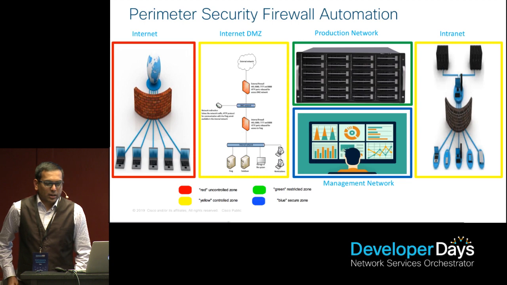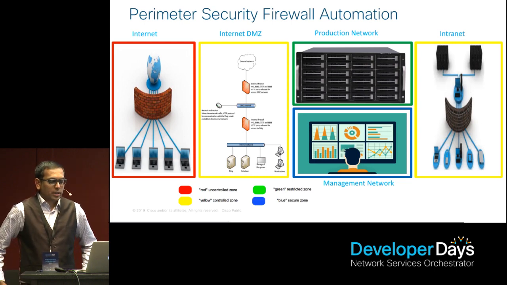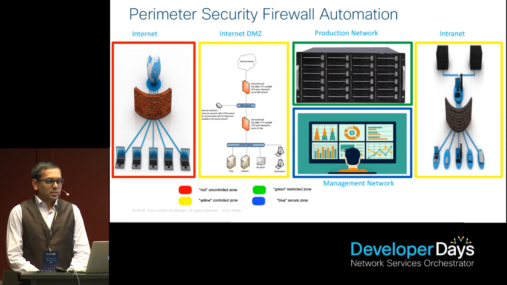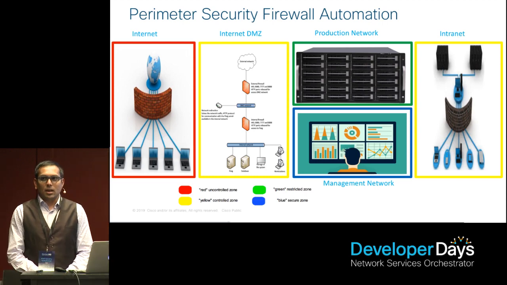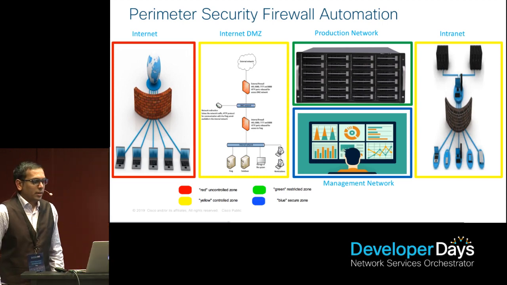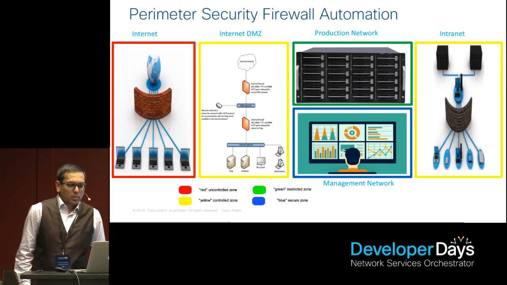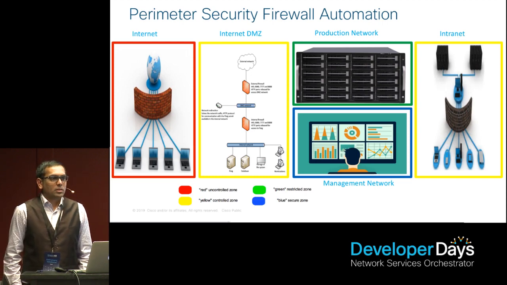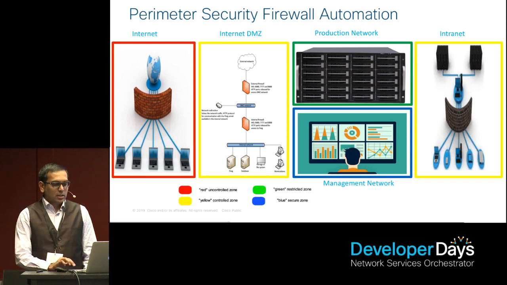Let's dive right into the scenario of a perimeter security firewall management use case. Enterprises typically offer several services to their customers and trading partners through various applications that are hosted in their data centers. These data centers are bound by firewalls, typically the lower bound and upper bound firewalls that abut the perimeters of their data centers.